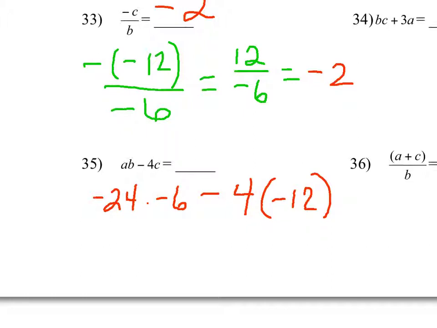I'm going to use the correct order of operations. So the correct order of operations is multiplying and multiplying before we subtract. So I'm going to do what I have underlined in orange first. 24 times 6, take a moment to do that.